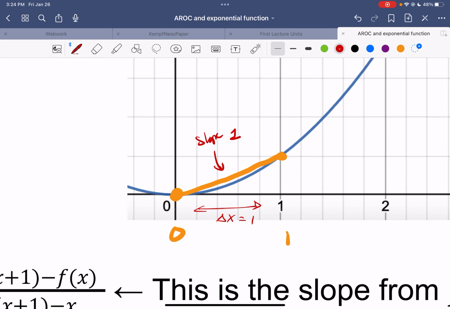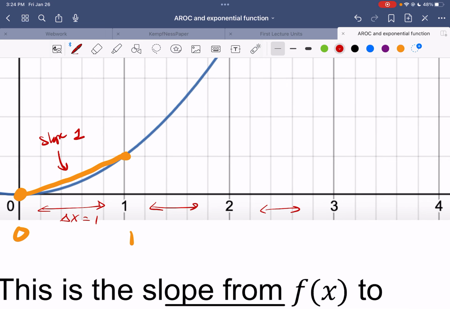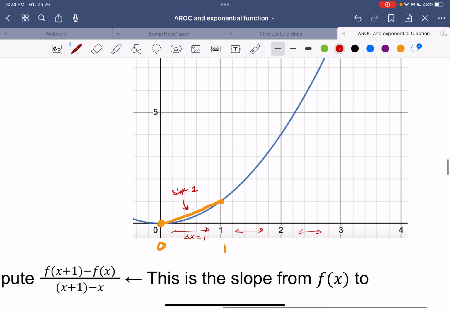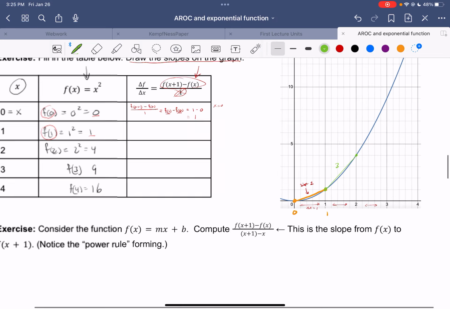I'm going to go from 0 to 1, then from 1 to 2, then from 2 to 3, and so on. So the next value that we should get had better be the slope going from 1 to 2. So that's this one. I'll take it, that's fine. And that's going to turn out to have slope 3, but let's just do it really quick.